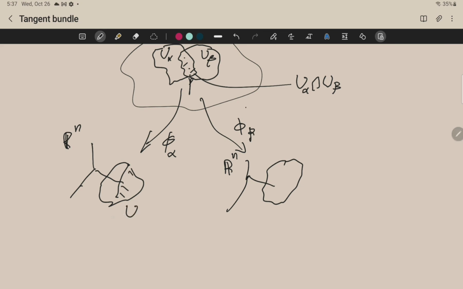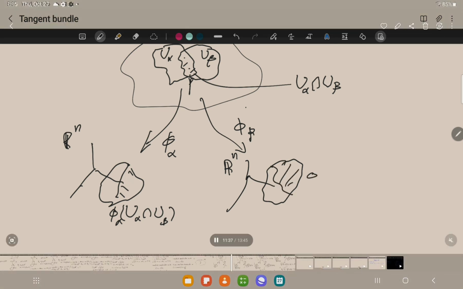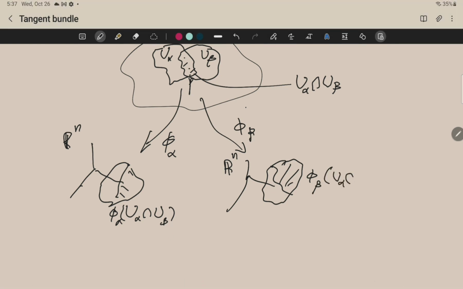You can see the coordinate transformation, or the transition map, between the two sides can be written as follows. The shaded part of the diagram is a mapping only of the intersection part.